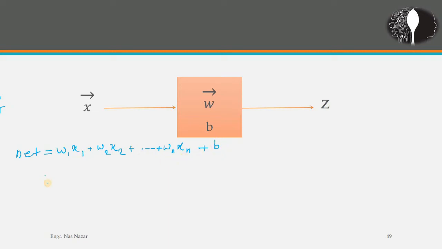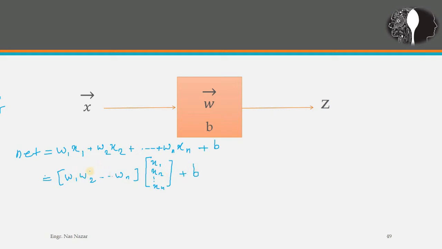Now we can show it with a matrix. We can say that these are w1, w2 to wn, and then here we have another matrix which is x1, x2 up to xn, plus our b.